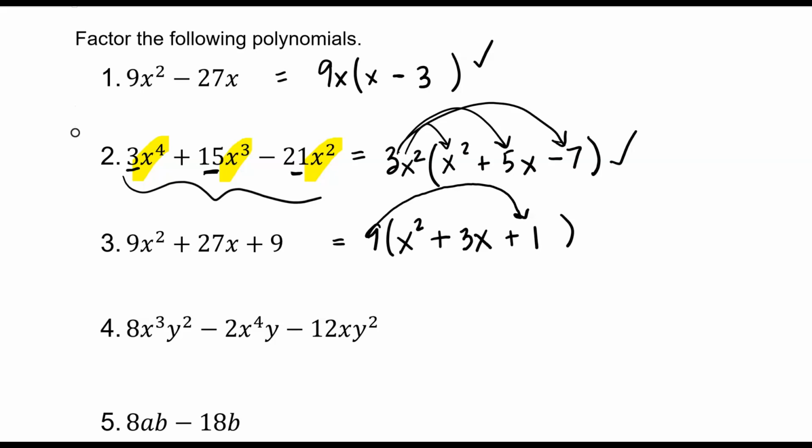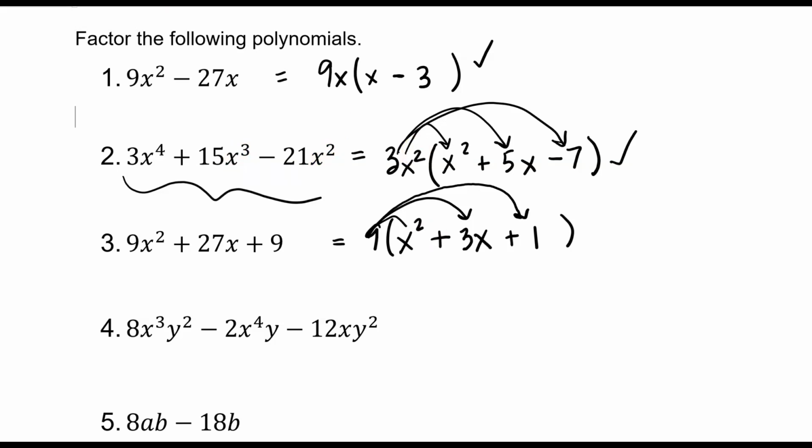You must put a constant there. So to ensure that when you multiply all of these things, you get this entire polynomial here. So always multiply to ensure you get back the entire polynomial.